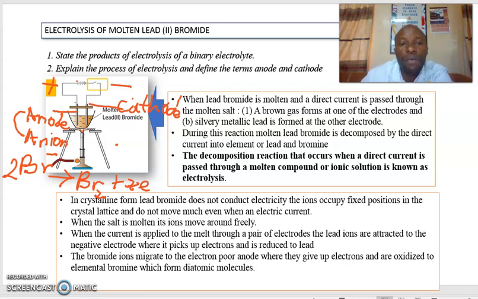They move to the cathode, and our cathode becomes electron rich.